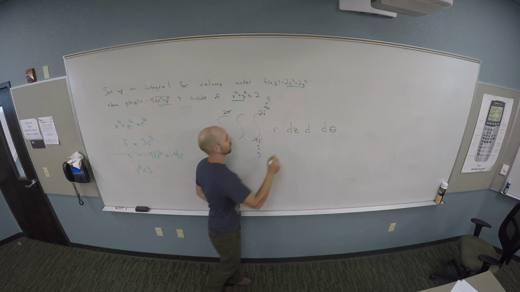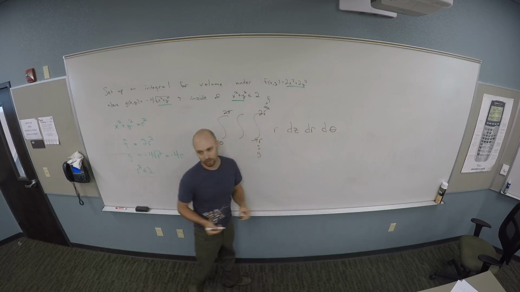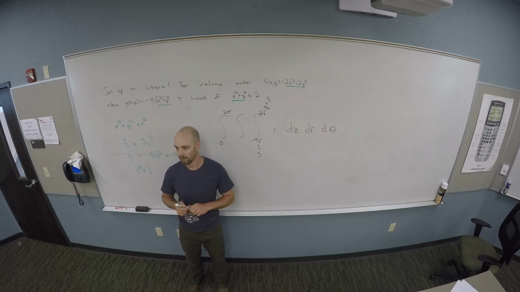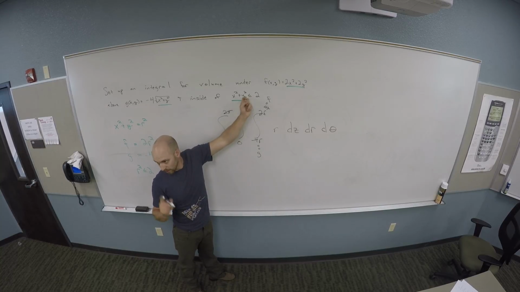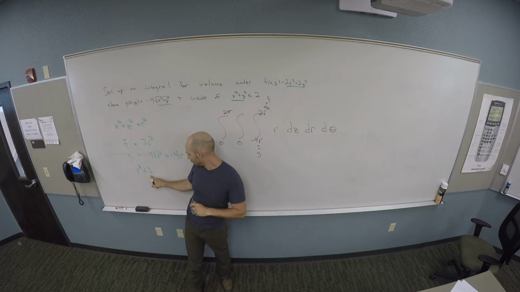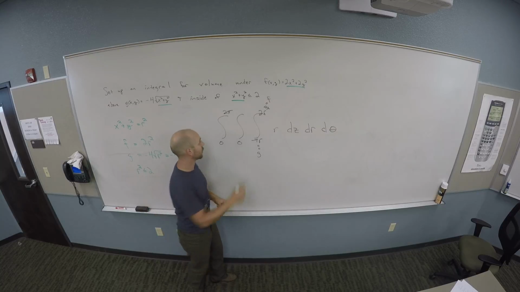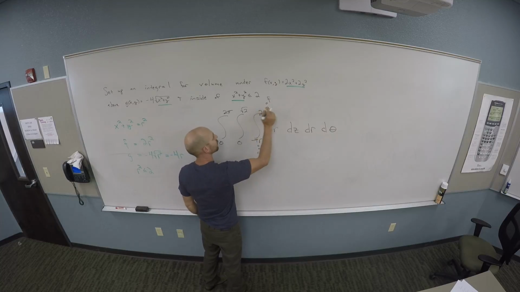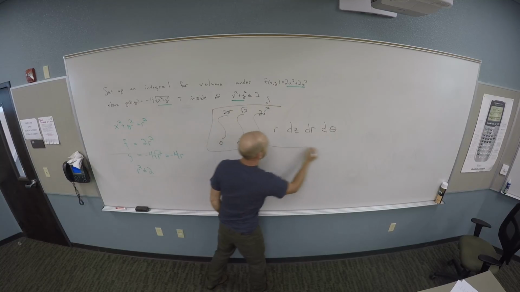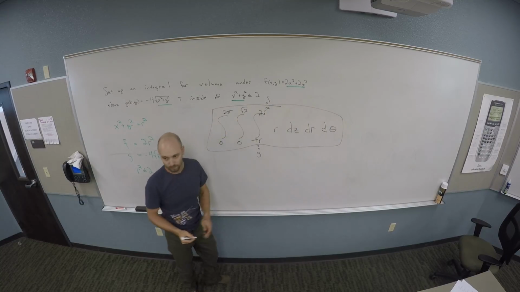Our r's. And where do the r's range from? 0 to square root of 2. Yeah, they start at 0, right? Because I'm inside of this circle, and r squared is less than 2. That tells me they get to square root of 2. Perfect. Integral set up. Done.